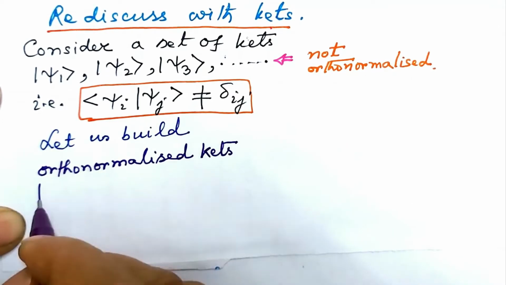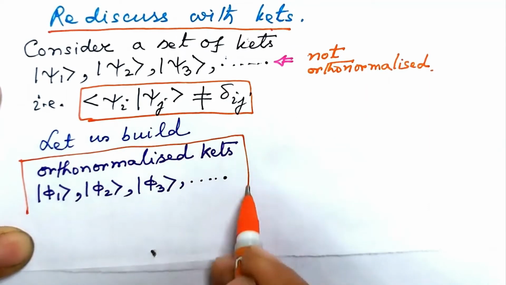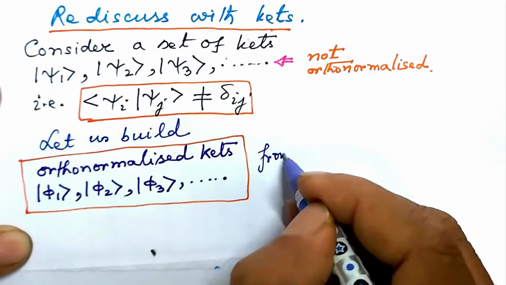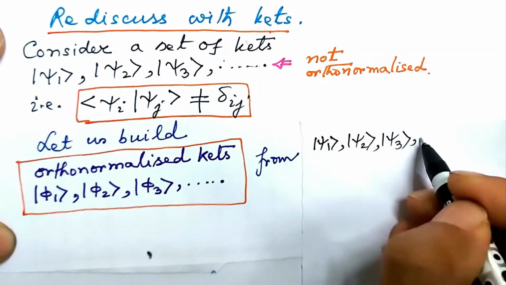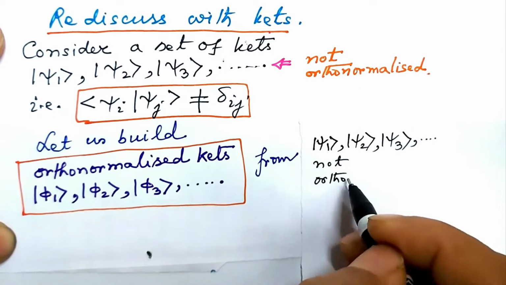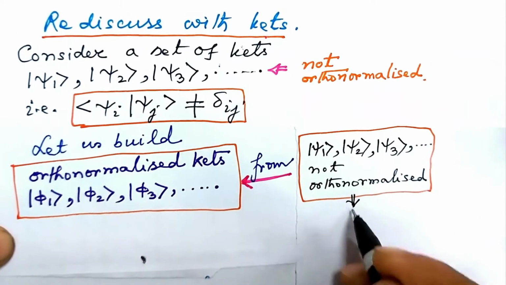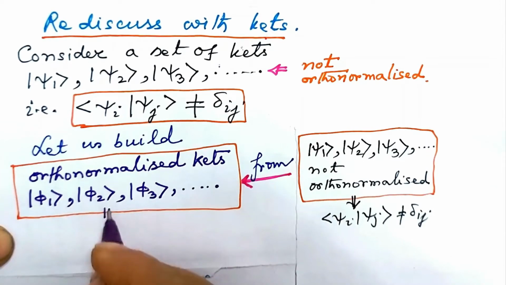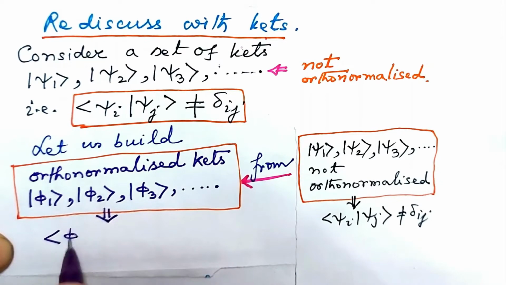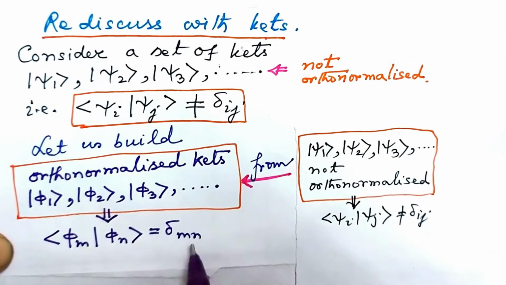We label them as ket phi 1, ket phi 2, ket phi 3, etc. We shall build this set from ket psi 1, ket psi 2, ket psi 3, etc., which are not orthonormalized. And we shall make this set of ket phi's satisfy the orthonormalization relation bra phi m ket phi n equal to Kronecker delta mn.